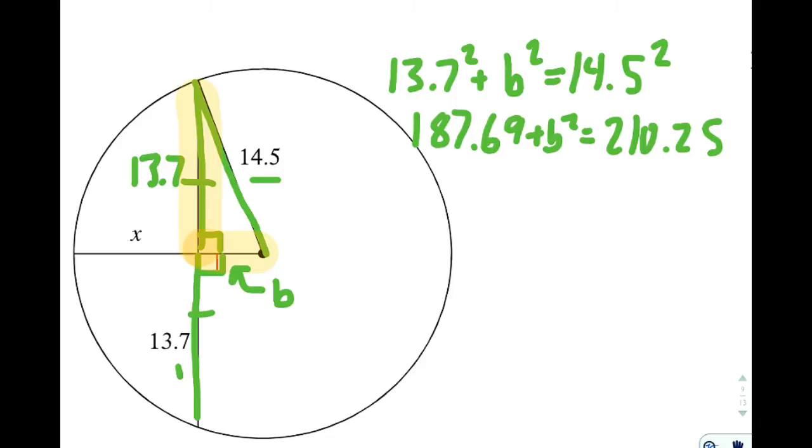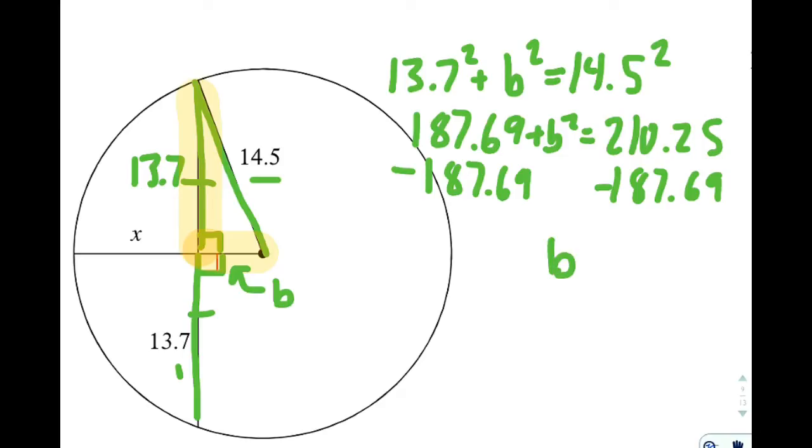I want to get b alone, so I need to get b squared alone, so I subtract the 187.69 from both sides. And when I do that, I get 22.56.